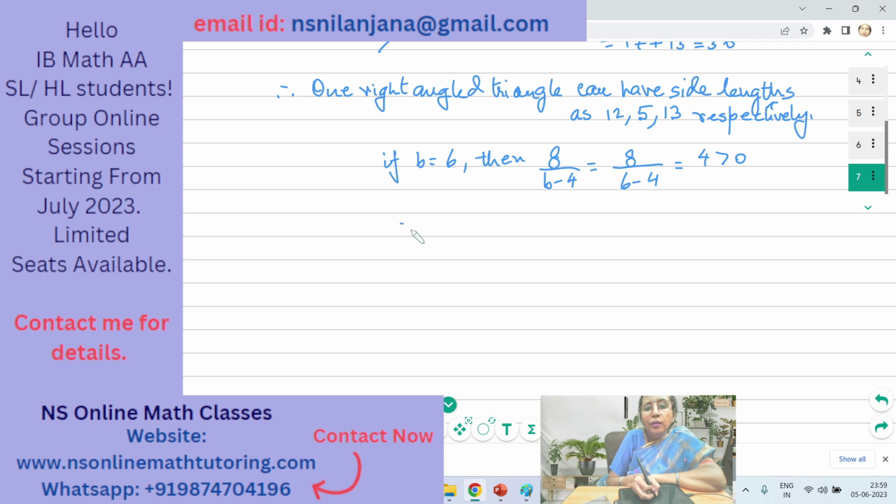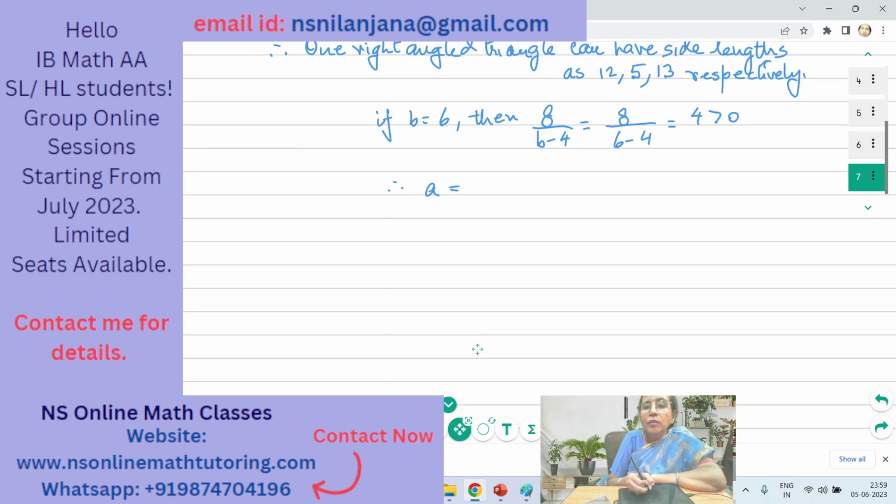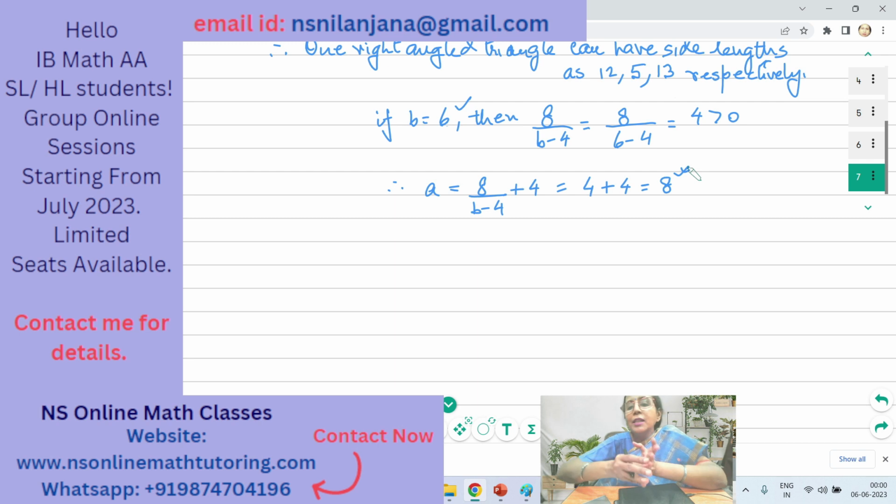Therefore, a will be equal to 8 over b minus 4 plus 4, which is equal to 4 plus 4, that is 8. So b is equal to 6, an integer, and a is also equal to 8, another integer.